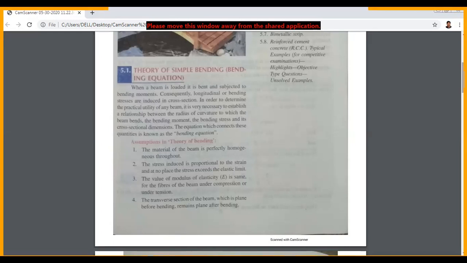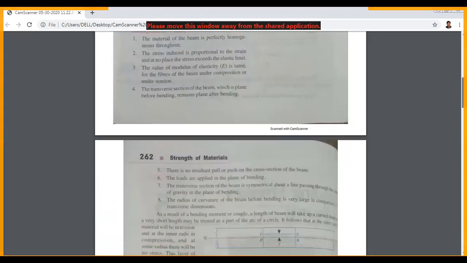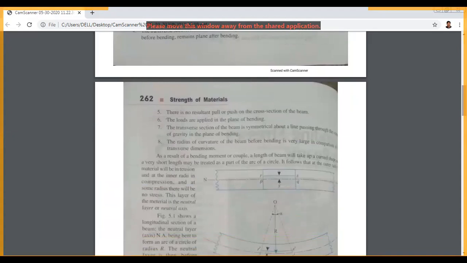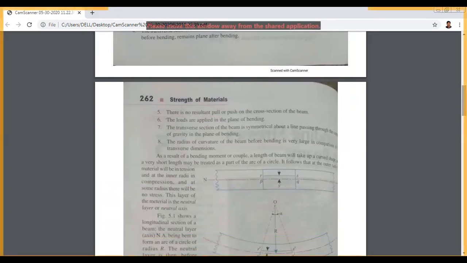So that means we don't have changes in the beam cross sections; they are uniform throughout, and there is no resultant pull or push. Then loads are applied in the plane of bending, the transverse section of the beam is symmetrical, and the radius of curvature of the beam before bending is very large.